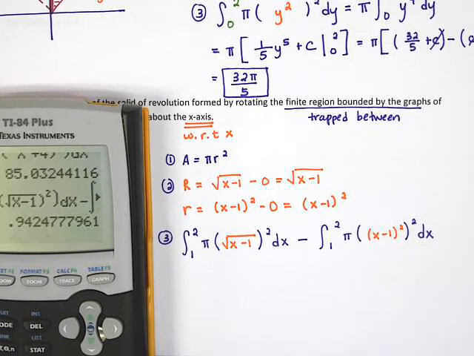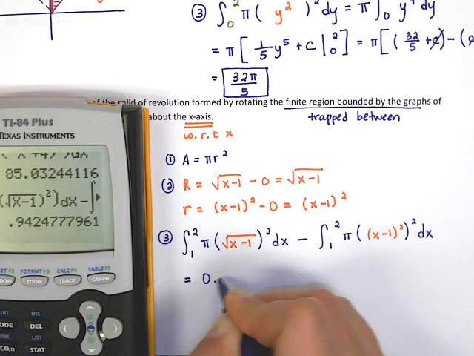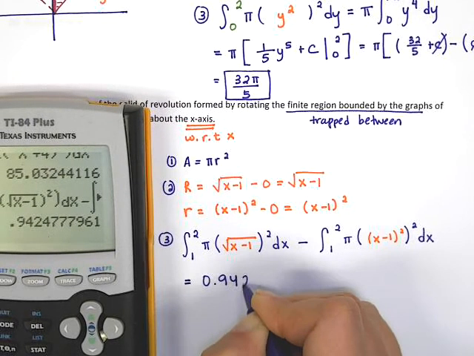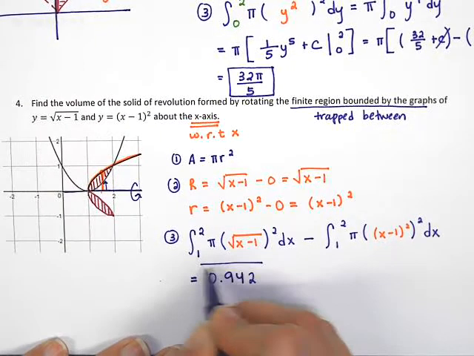Now sometimes it takes a minute to compute these, but this one seems to have gone pretty fast, and I have 0.942 would be my volume.